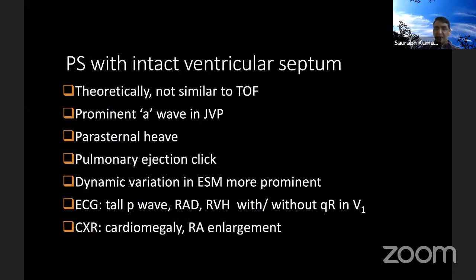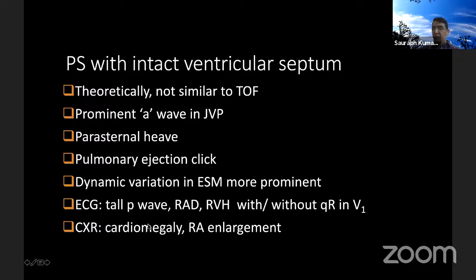And this one, I think I'll leave, except for saying that PS with intact septum may have prominent A wave, parasternal heave, pulmonary ejection click, and ESM has dynamic variation. Because there is no VSD, dynamic maneuvers are more useful in conditions whenever there is intact ventricular septum.